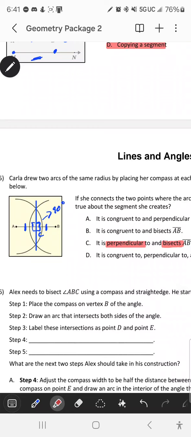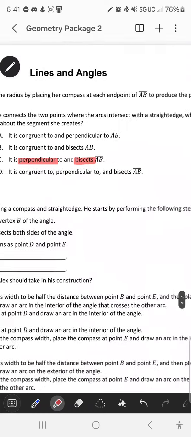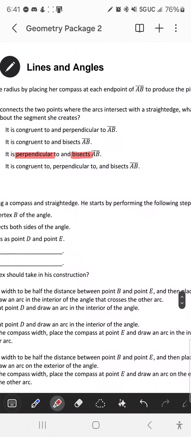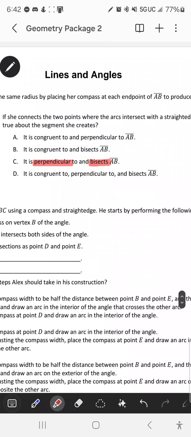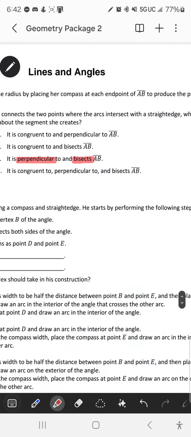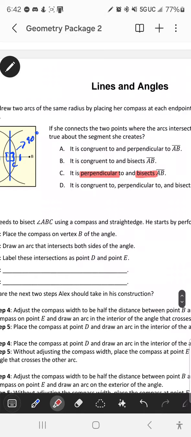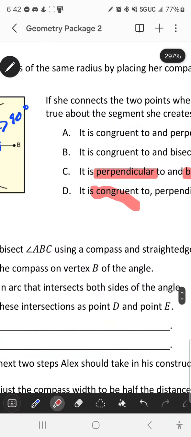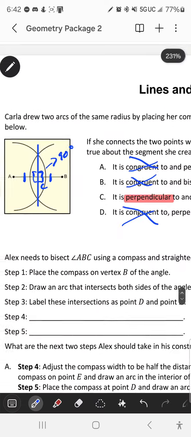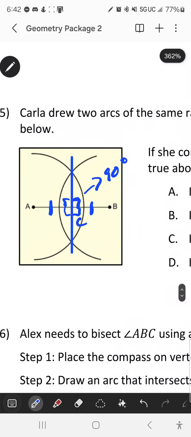So basically, we cannot say it is congruent. Well, actually, no, it is not congruent, because to make it congruent we need to do a specific thing that we are not doing here. So basically, I'm taking this away. The only way it is congruent is if we place the compass at the exact same length.